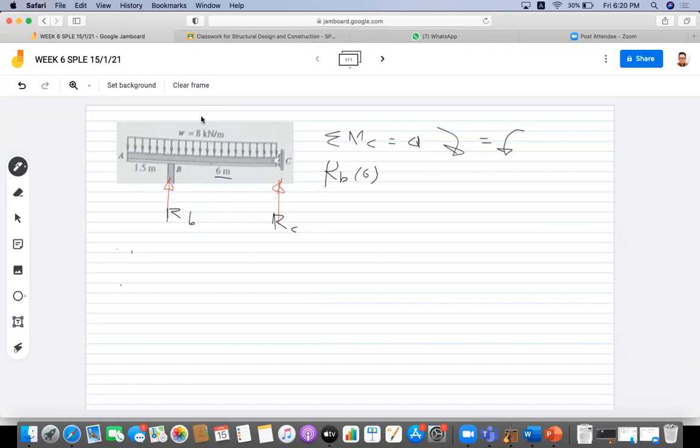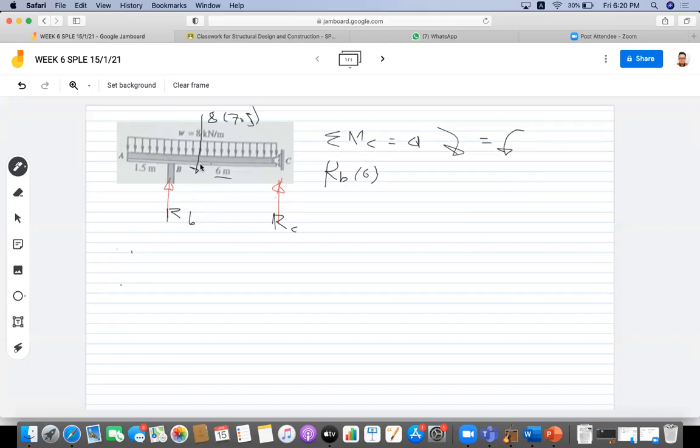Actually, we only have two forces. We have here the reaction, the resultant of this uniform load, which is just equal to 8 times the span 6 and 1.5 is 7.5. Okay, this is 7.5.